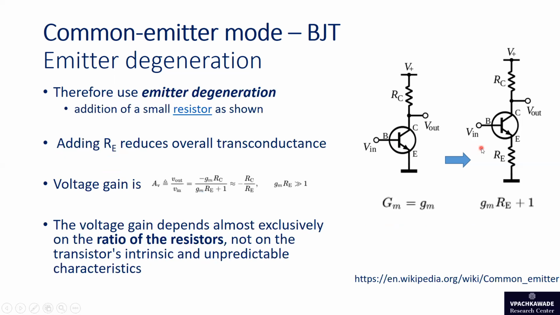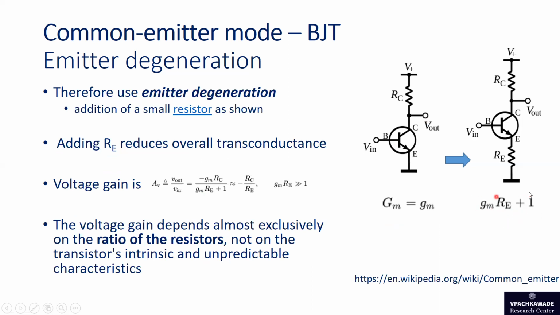Now, as we said, to alleviate the drawbacks of this circuit, we will use this kind of emitter degeneration circuit where we have placed the resistor. Note that the transconductance of the basic circuit is simply called gm, but with this circuit modification, the effective transconductance gets modified to gm divided by (gm times RE plus 1).